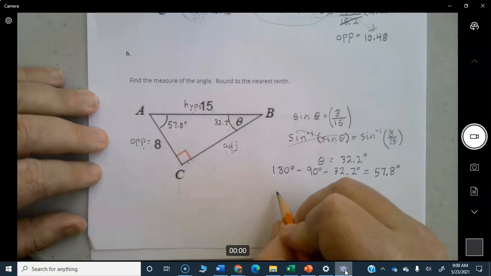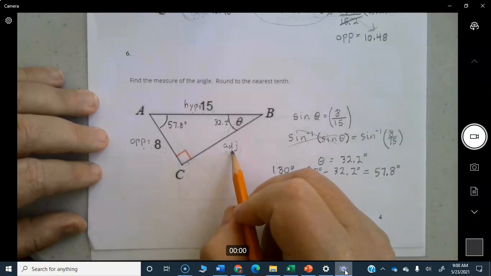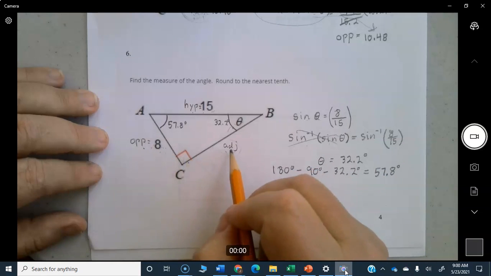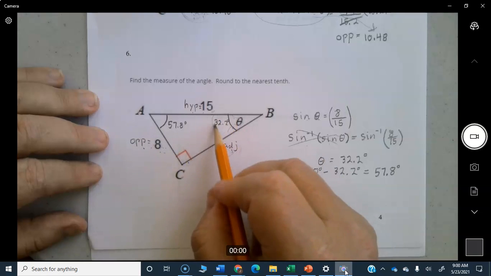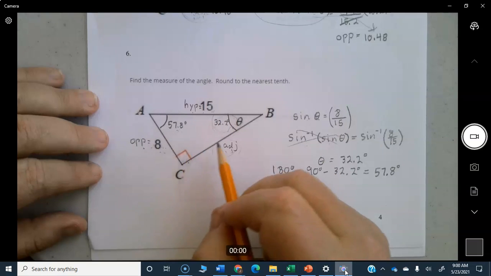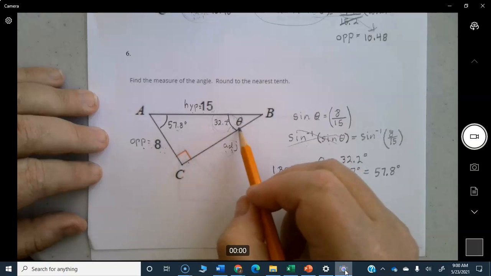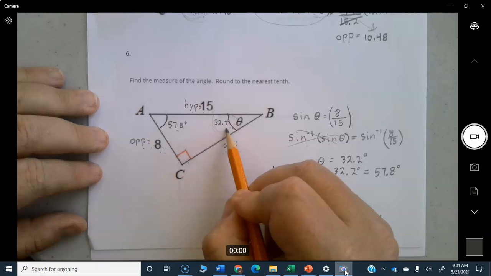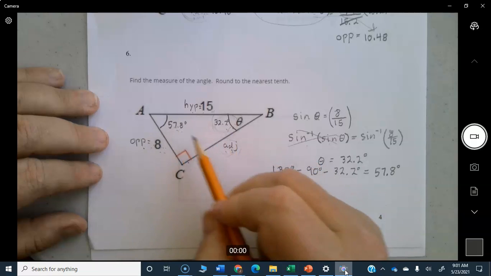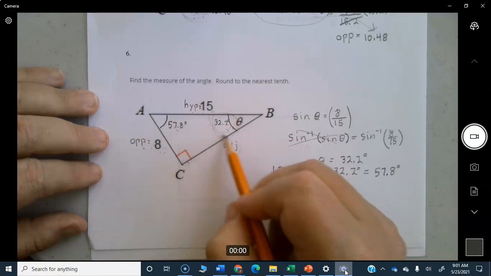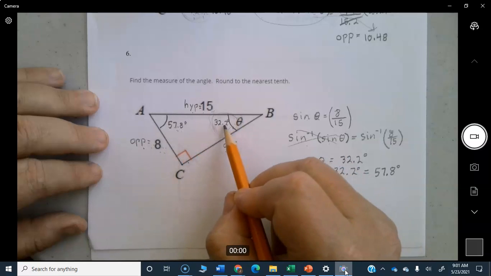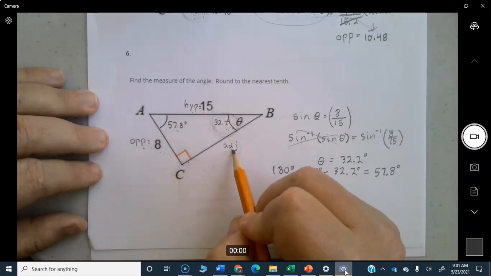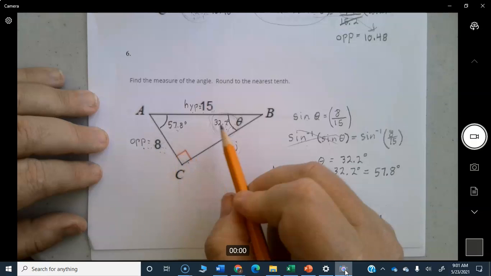Okay, so it's going to be, this is adjacent and opposite with reference to this angle, not this one. Okay, so be careful. The original angle. This is the adjacent to this angle. This is the opposite to this angle. So we're using this angle. We could use this one. We're not going to. So it's the adjacent to this, and this is the opposite to this.